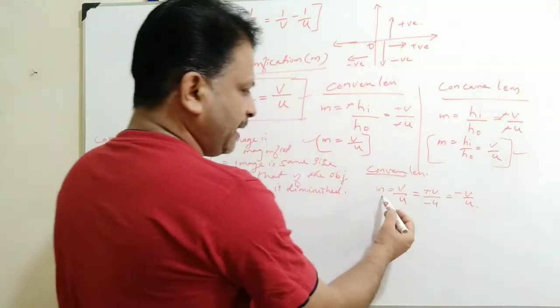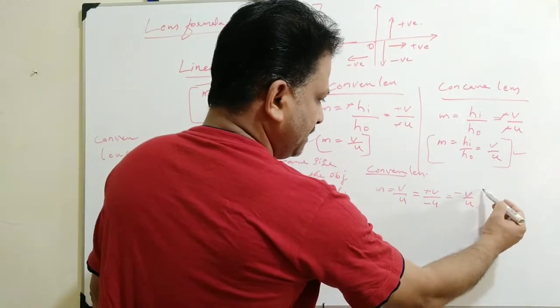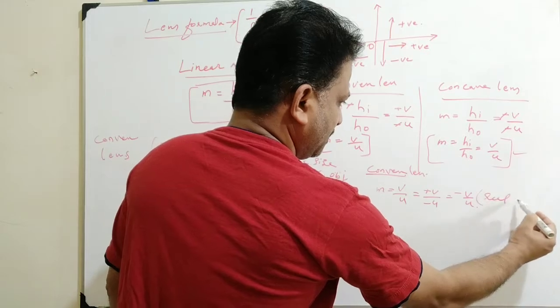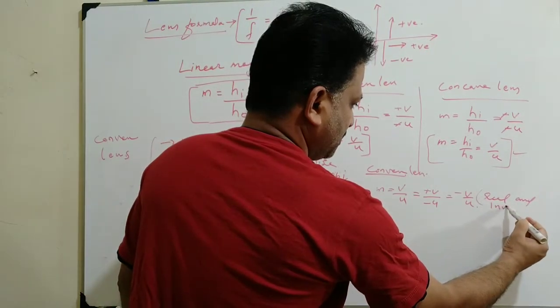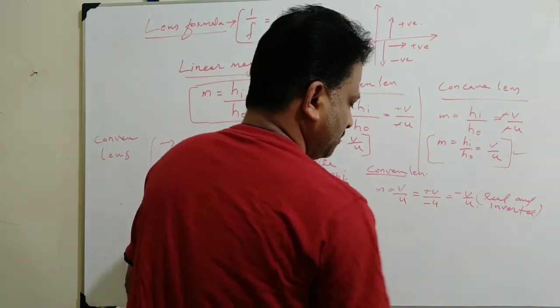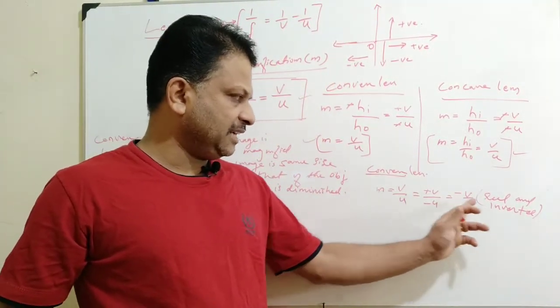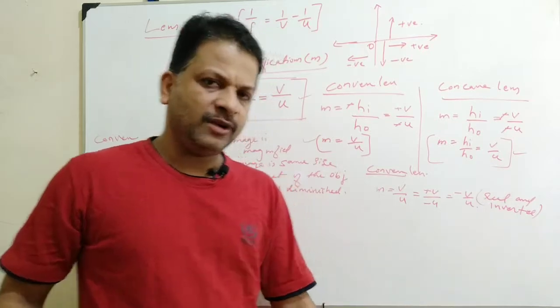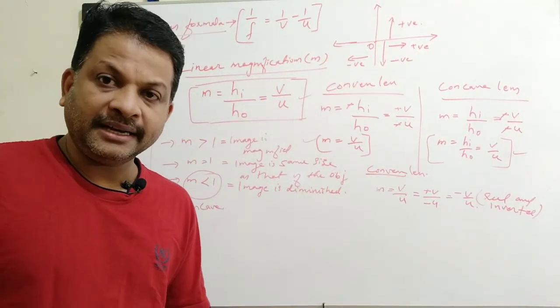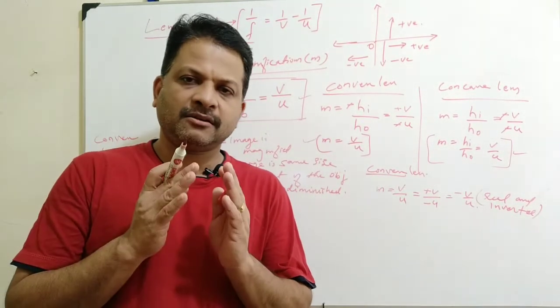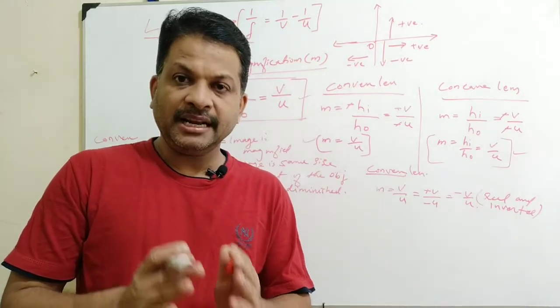So when the magnification is negative, we conclude that the image is real and inverted, okay.